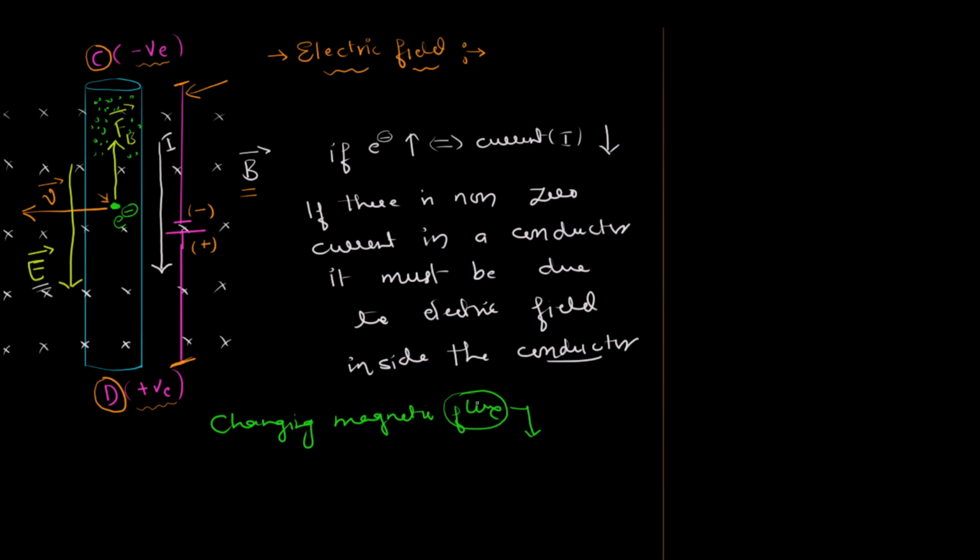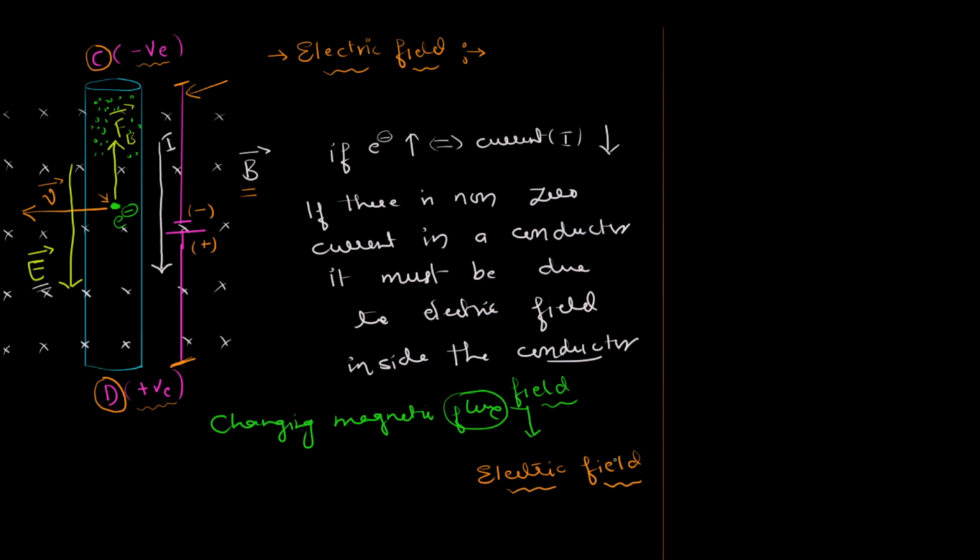If the magnetic field is changing, definitely the flux will also be changing, right? So changing magnetic field, in a way, gave rise to electric field. And this is as fundamental as one can get. You can't get any more fundamental than this.